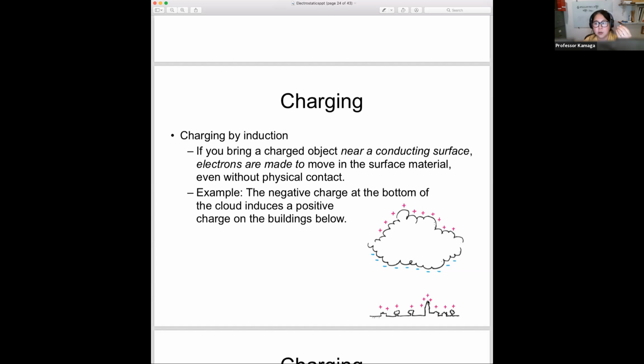So when you have a charged conductive object with a pointy shape, the charge tends to go to that pointiness. So the negative charge will most likely go into this tall pointy shape, the closer to the negative cloud. What's this called? Lightning rod. So that's one concept that I wanted to discuss.